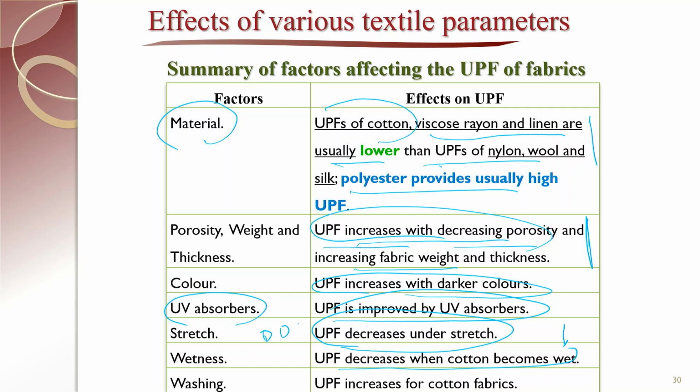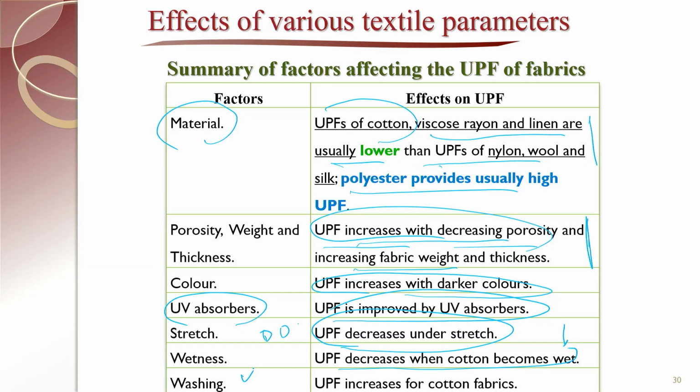And in washing, it is observed that for cotton fabric, washing increases the UPF. It has nothing to do with any chemical changes; it is basically structural change. When cotton fabric is washed, it shrinks and becomes relatively compact, and the pore size is reduced.